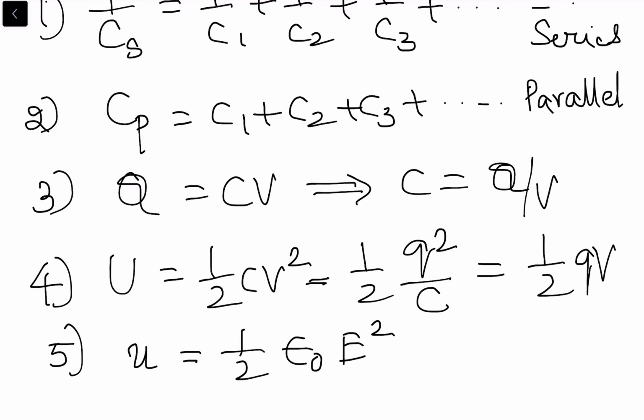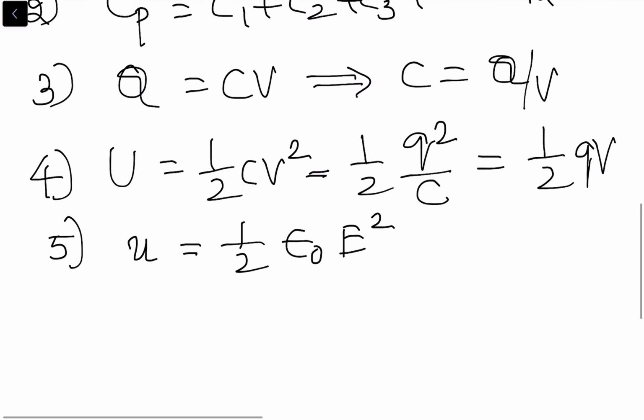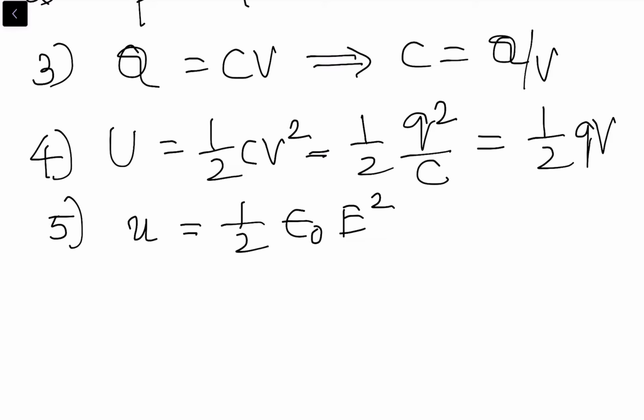Another formula you have to know for some other numericals is the electric field between the capacitor plates, E is equal to sigma by epsilon naught, where sigma is the surface charge density, E is the electric field and epsilon naught is the permittivity of free space.